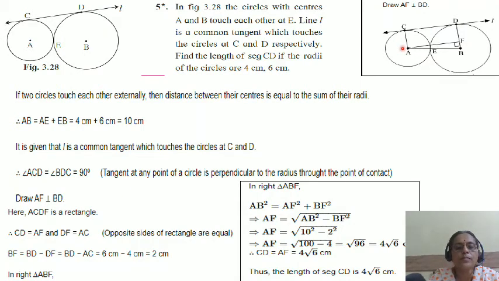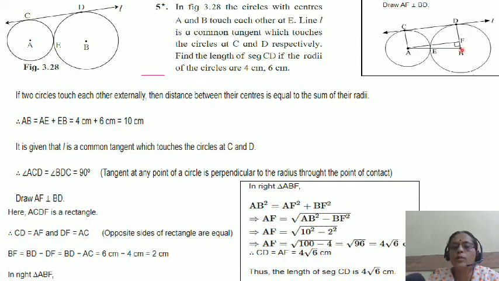Now, opposite sides of this rectangle are equal. BF is BD minus DF. DF is 4 because it is equal to AC, and DB is 6. 6 minus 4, that is 2. BF is 2. Now observe triangle ABF.